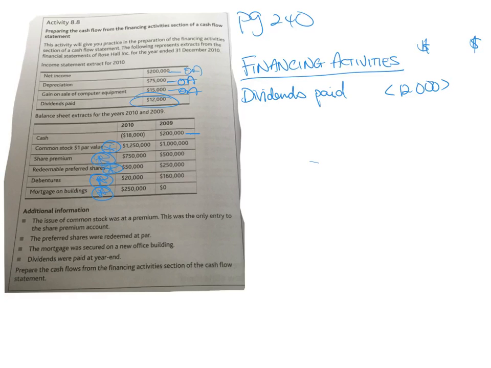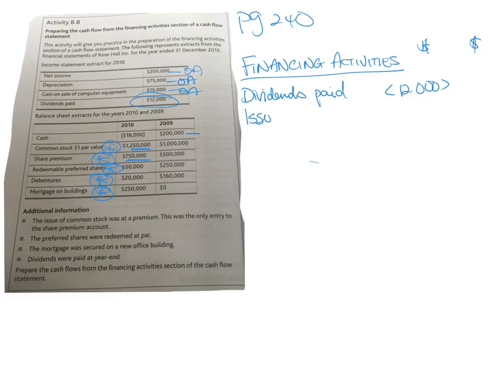Just look at the additional information. The issue of common stock was at a premium. This was the only entry to the share premium account. So in other words, what they're telling you there is that everything there would be cash. So we issued common stock and we got 250,000 for the shares, right? 250,000 share premium.